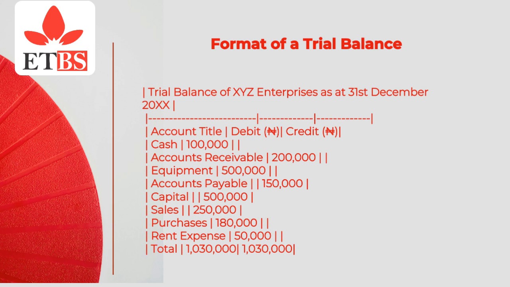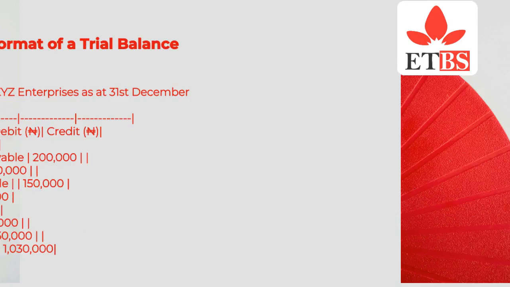Total 1,030,000 and 1,030,000. If both columns agree, it suggests that the ledger postings are arithmetically accurate.